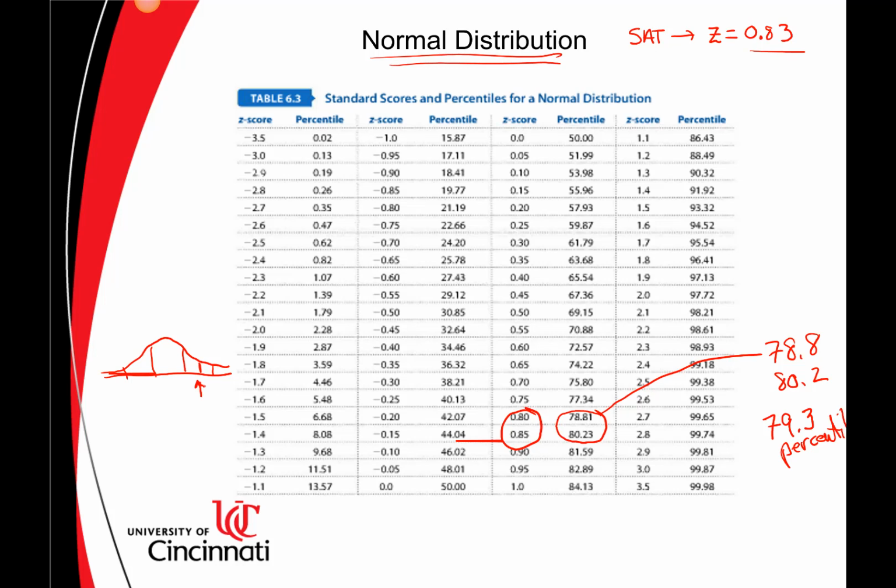That says your score is better than about 79% of the people. That puts you in about the top 20%. Oh, okay, now I get it. A z-score of 0.83 is about the top 20%. Is that anything to be embarrassed about? No. Especially when you look at a more selective group like folks going to college, because you've already cut out a big chunk.